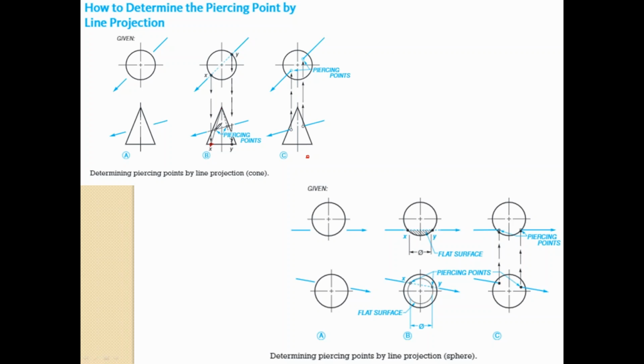Draw another line to the cone, to the top of the cone, the peak of the cone, and then intersect here. You see one piercing point, and then 2 piercing points.